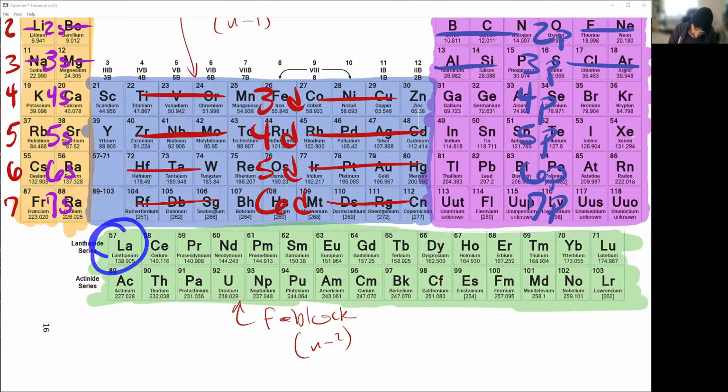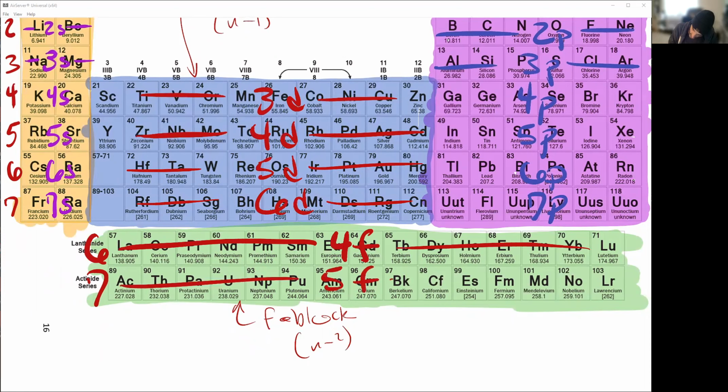So this right here belongs right there, meaning if this is 6 out front, this is 6 out front here, and that's exactly where we're at. This is 6, this is 7. So if that is 6, and it's n minus 2, this right here would be the 4F. This is the 5F. Okay.